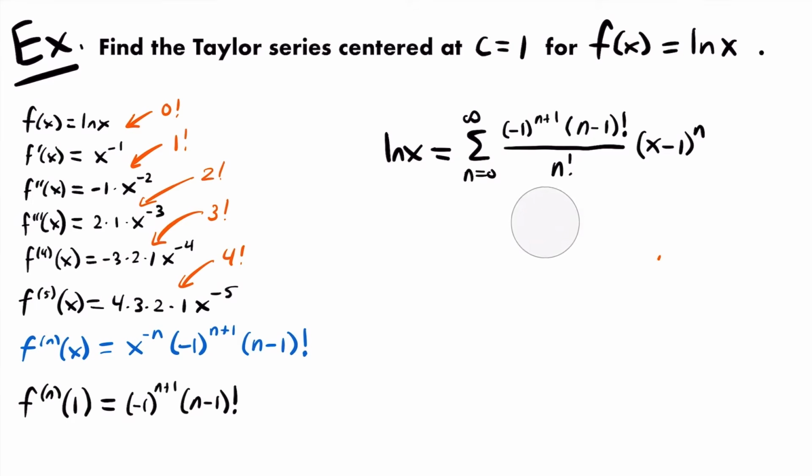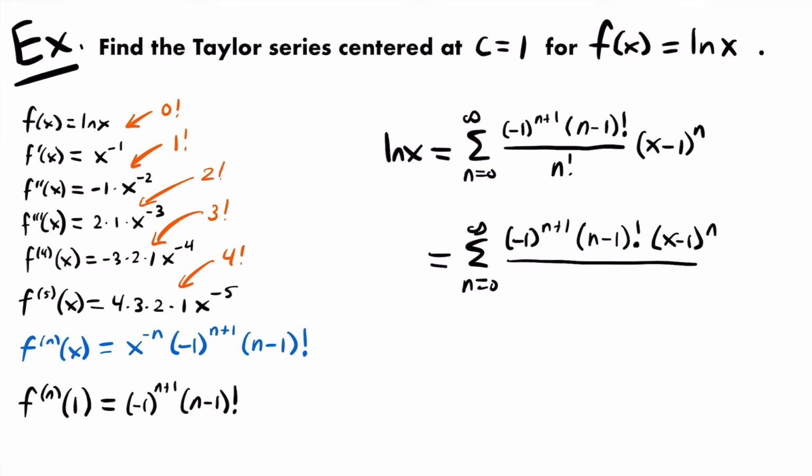So if we do that, the natural log of x will be equal to the sum from n equals 0 to infinity of negative 1 to the power of n plus 1 times n minus 1 factorial. And then I'm going to move this quantity into the numerator. So we're going to have x minus 1 to the power of n divided by n factorial, which is now n times n minus 1 factorial.